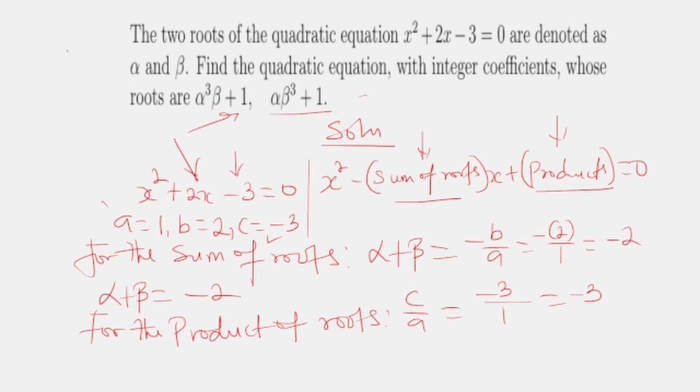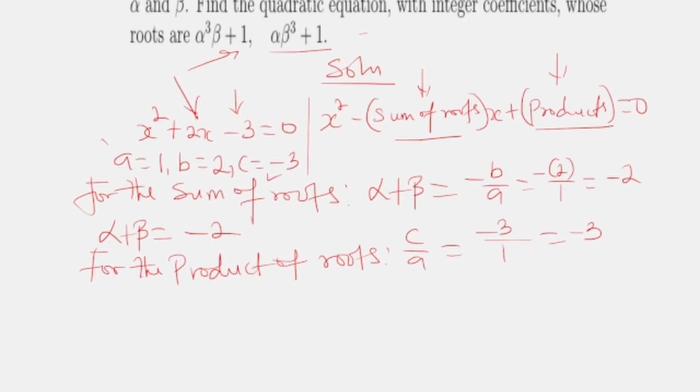For the sum, we are going to add these two roots together, and for the product, we are going to multiply the two together, right? Like I said, for the sum, add these two together. For the product, multiply them together. Then you plug in the sum and the product here to get the new quadratic equation. Do you understand? Good. Now let's continue with the solution.